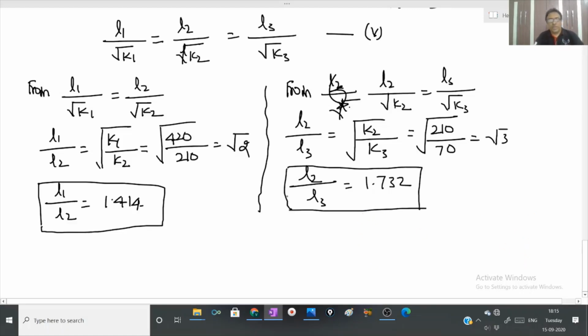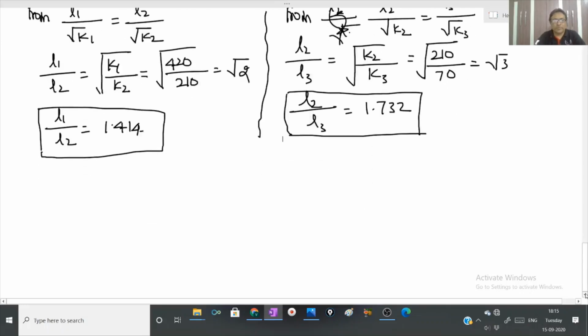But these are not the end results. Rather, we are interested in L1 to L2 to L3. L1 can be expressed in terms of L2, that is 1.414 L2. L2 can be expressed in terms of L3, that is 1.732 L3, and L3 will be L3.